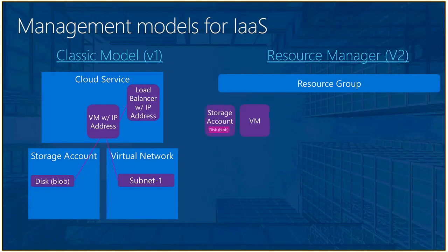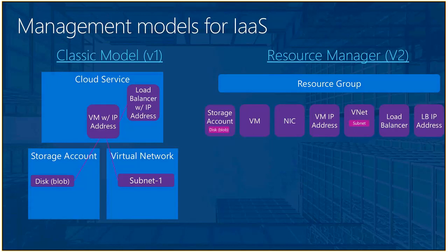If we pivot into Resource Manager, which is where we are heading for now, we don't have the concept of cloud service, but we have a resource group. Everything you deploy into Azure needs to belong to a resource group and can only be part of a single resource group.